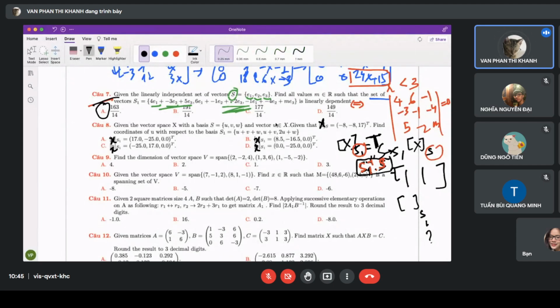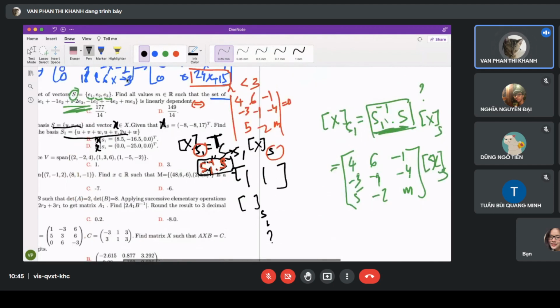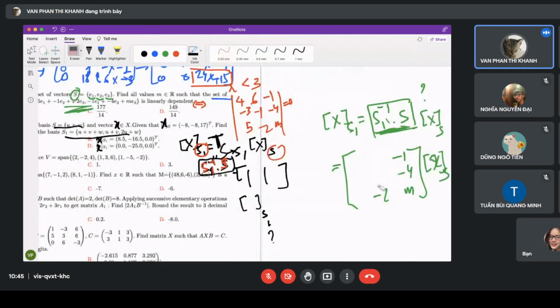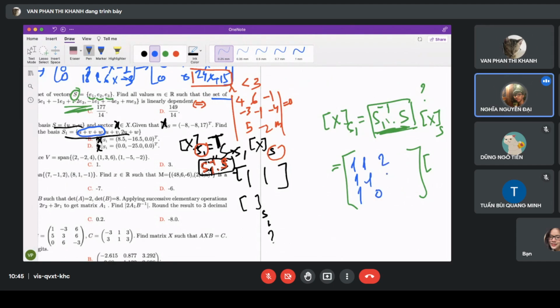Okay, so this is X, and this is my S1. So S1 here is not this matrix, but what? What is the coefficient of the first vector? U plus V plus W, so it is 1, 1, 1. And next one? 1, 1, 0. Okay, and the last one? 2, 0, 1.